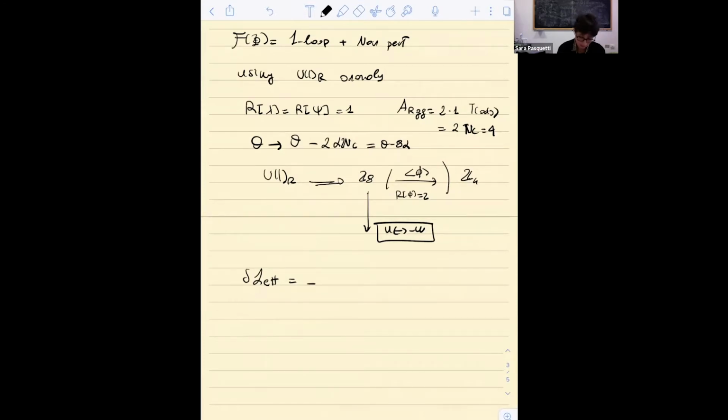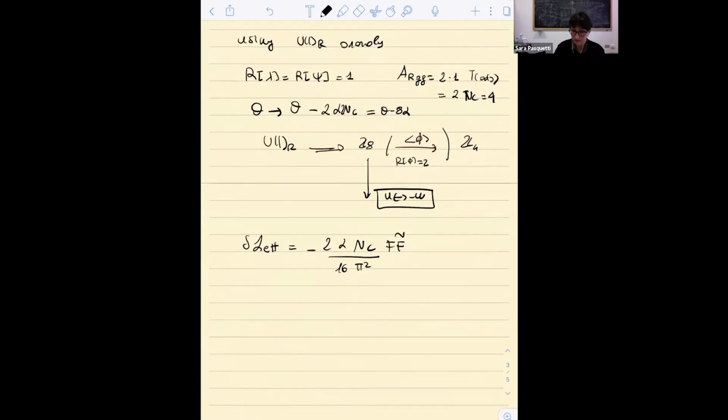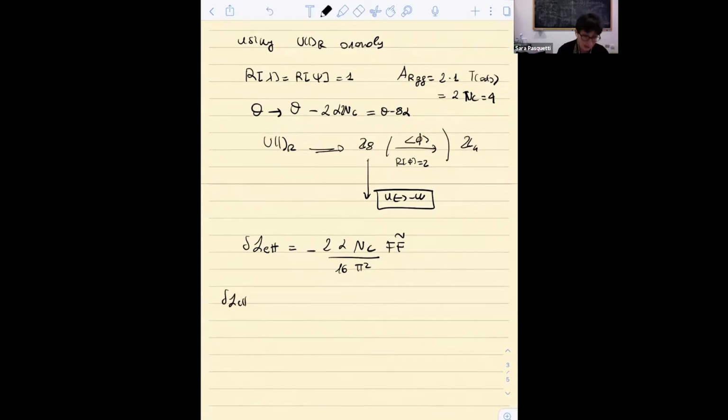So the variation of the effective action will be proportional to F F tilde, which is multiplying this angle, which is shifting because of the U(1)_R rotation. Then what is the part inside the effective action that can be responsible for such a shift? Obviously, just the part containing the field strength.